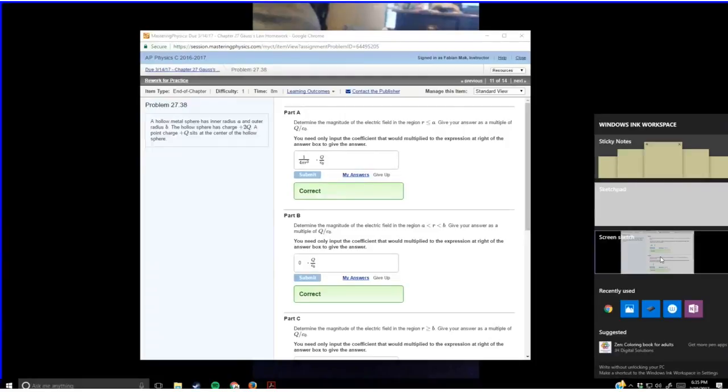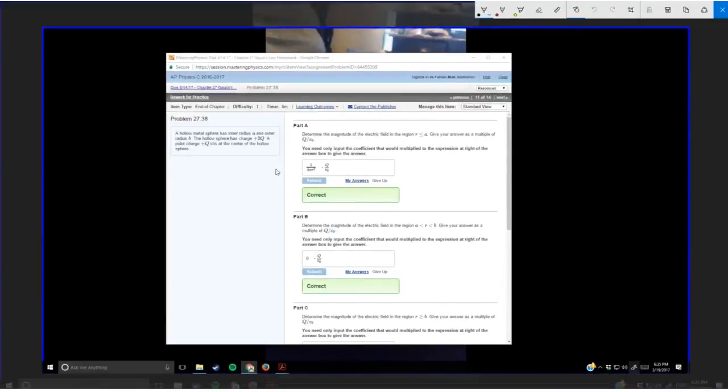So we'll diagram this. A hollow metal sphere has some inner radius A and some outer radius B. The hollow sphere already has a charge of plus 2q, and then you put a point charge of plus q on the inside. So some charge here, which is plus q.